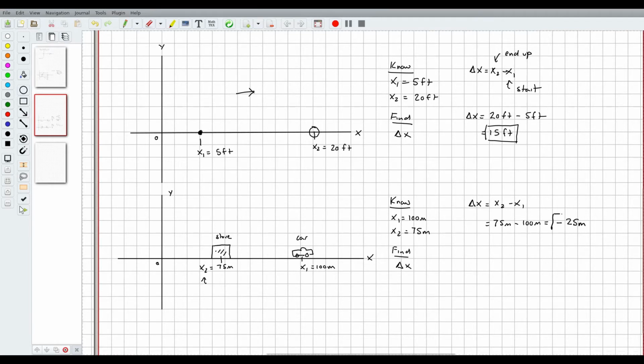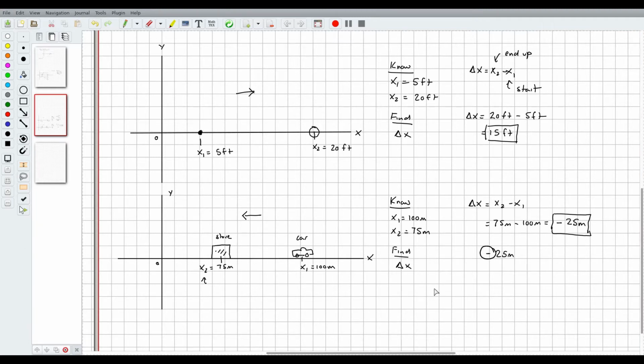Now, the way to interpret this is that to get to the store, you had to walk 25 meters, but in the minus x direction. So, this is the direction that you walk towards the negative numbers, and as a consequence, there's a minus sign out in front.